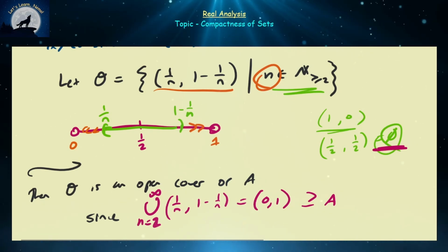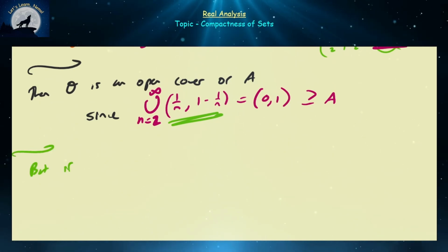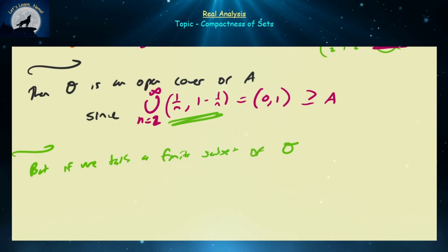Right? So now we have an open cover, so is it compact? If it truly is, then for any open cover, in particular this one, we should be able to find a finite subcover of A that is contained within it. So I have these intervals, infinitely many of them, and I need to choose a finite subset.